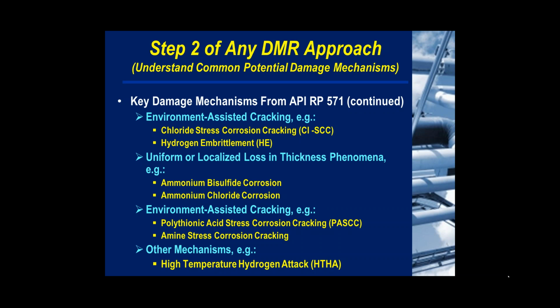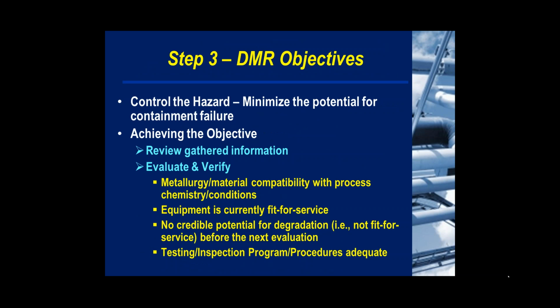Step 1 of any DMR approach is to organize and collect key mechanical integrity program information, define the process portions that you need to apply DMR to, and gather relevant information such as process chemistry, process parameters, metallurgy, your PMI identification, your PMI at the plant site, testing and inspection history, what the inspections are revealing, and any existing corrosion studies that were done.